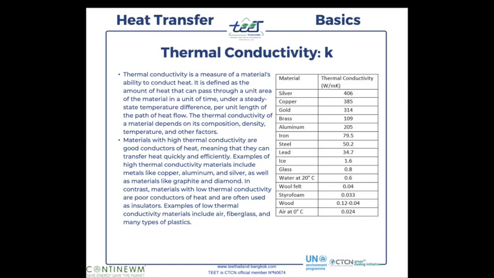Basically, you see the lower the K number is, the lower the conductivity. Okay, and air is the best insulator material because the thermal conductivity K is 0.024. Okay, the unit is watt per meter Kelvin.